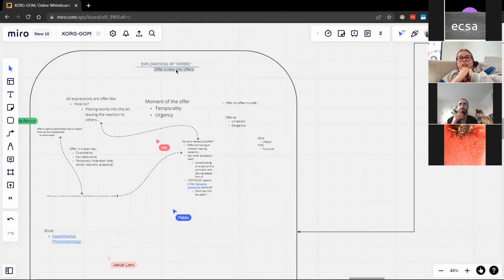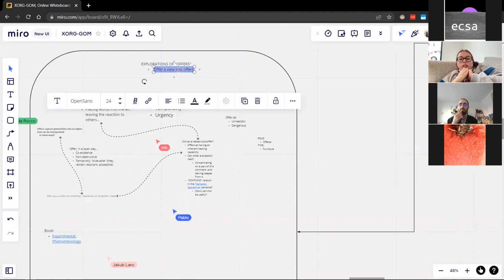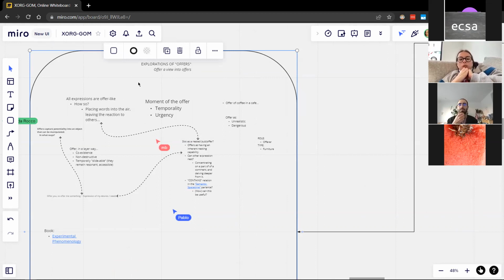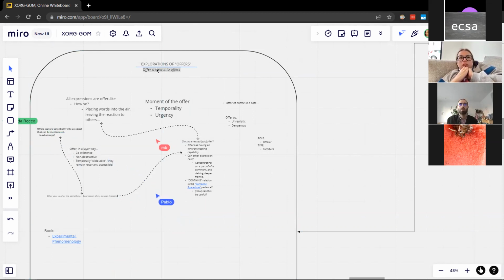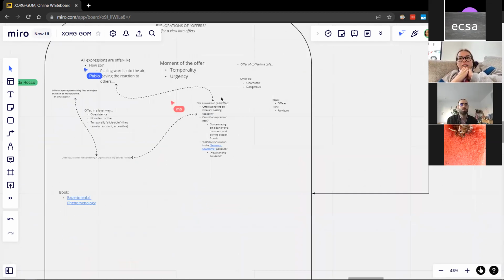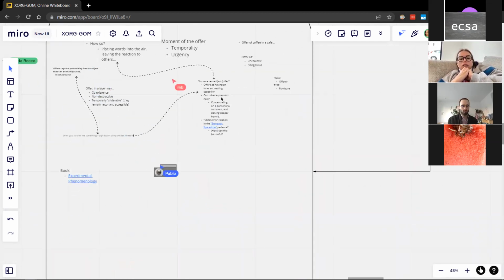Because you could potentially offer anything. So when does an offer become an offer and not just a proposition? So there's probably some urgency or some need behind the offer's launch, sort of.